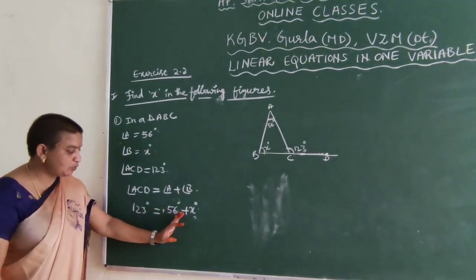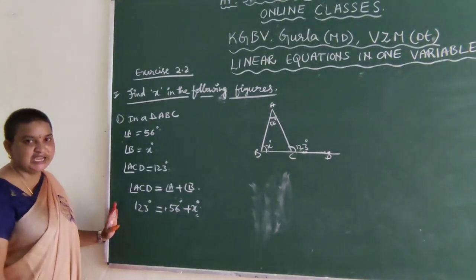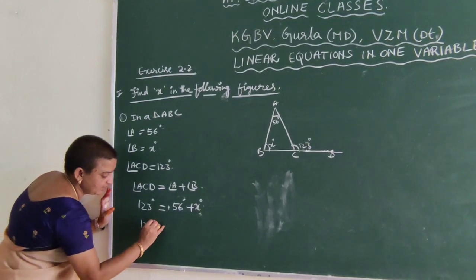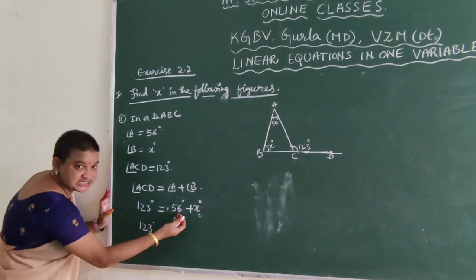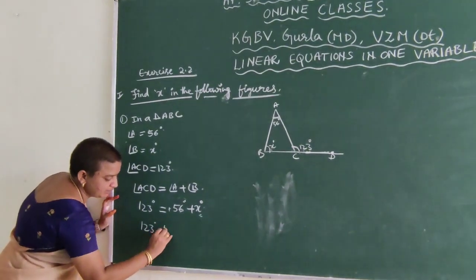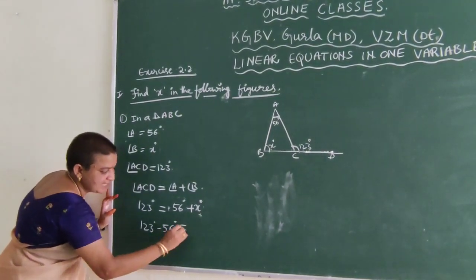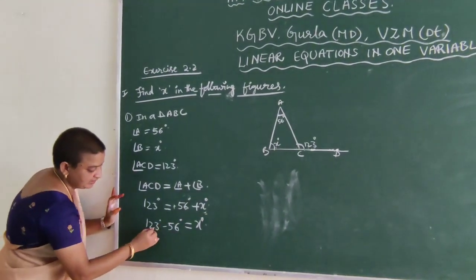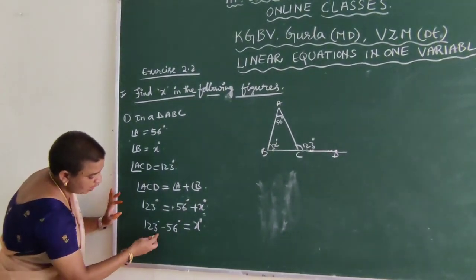Okay, if we transpose 56 to LHS, it becomes a negative quantity. That means 123 degrees plus 56, if we transpose plus 56 to LHS, it becomes minus 56 degrees, is equal to x degrees. So, 123 minus 56. How much?